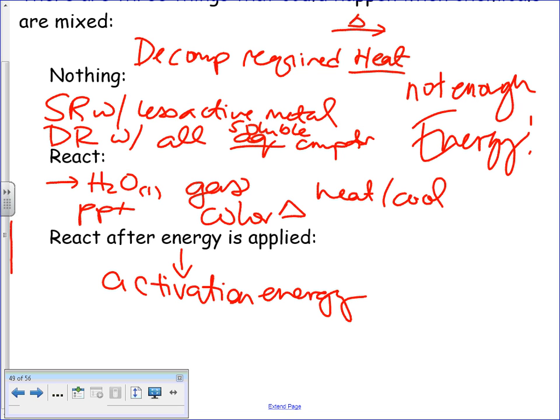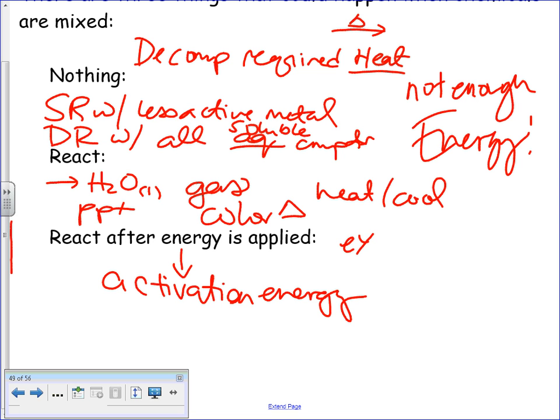Who's heard of activation energy? Okay, you heard about it in biology, right? There are only four biomolecules. Which of the biomolecules speeds up chemical reactions by lowering the activation energy? Enzymes. Proteins.